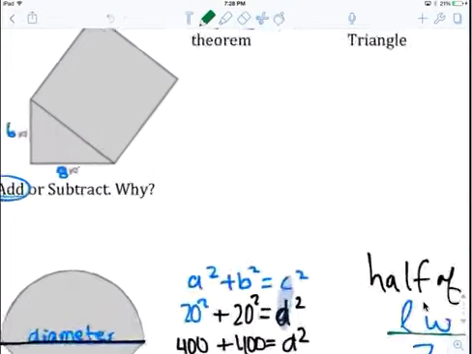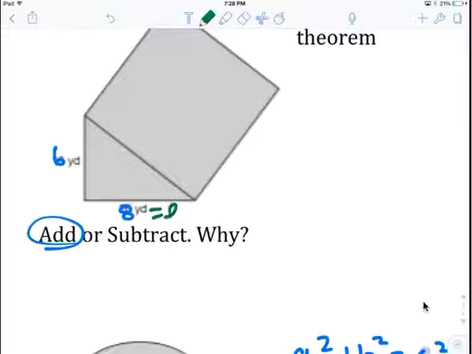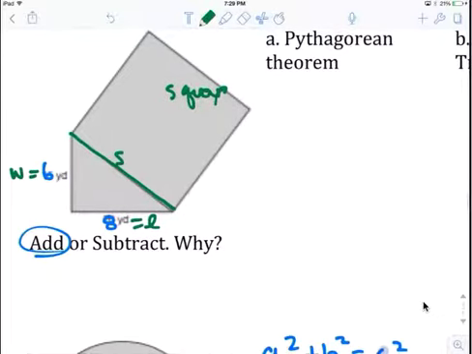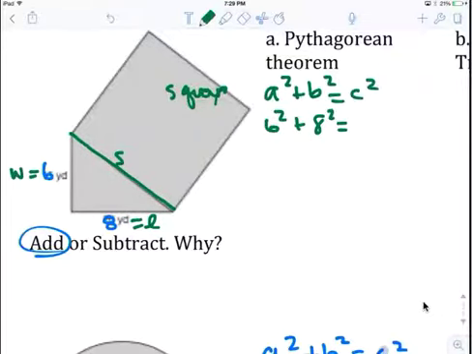Okay, so I'll do this. This is the length, this is the width, and this is the side of the square. On your paper it says square here. That's the side of the square, we'll put S for the side. To find that side, because we have a and b, we can use the Pythagorean theorem. a squared plus b squared equals c squared, where a is 6, b is 8, and c is the side.